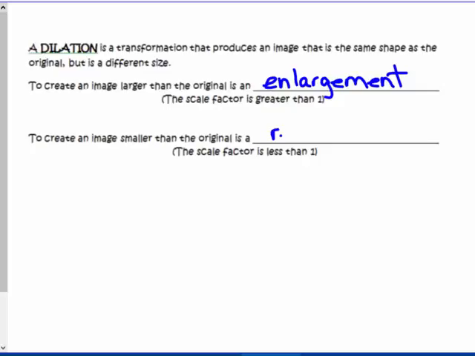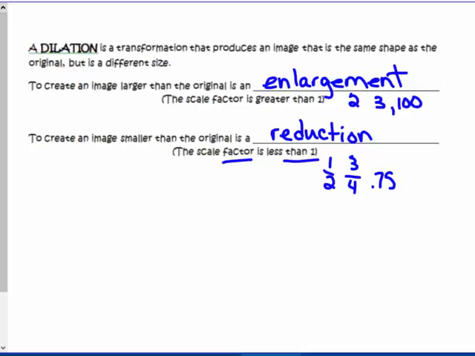So there's always a change in size when you're talking about a dilation. For a reduction, the scale factor is less than 1, like 1/2, or 3/4, or 75/100, or 75%. For an enlargement, the scale factor is greater than 1, like 2, or 3, or 100 times bigger, for instance.